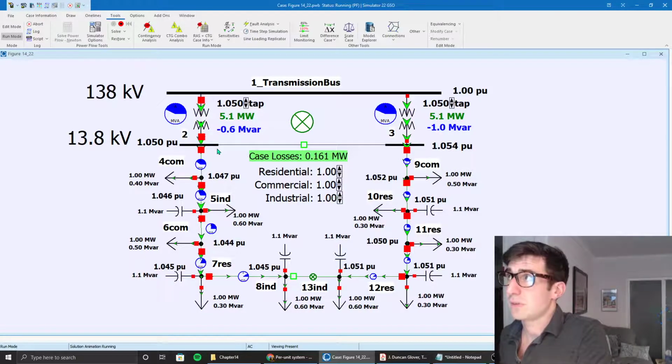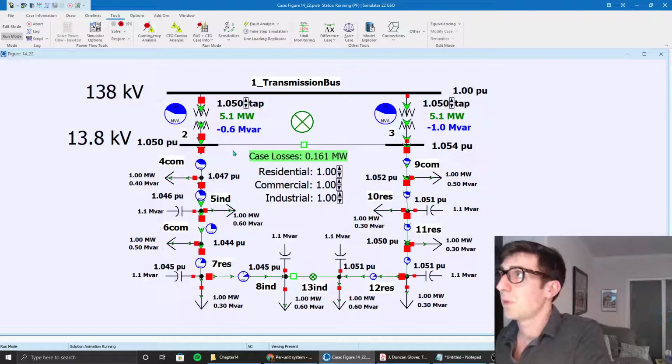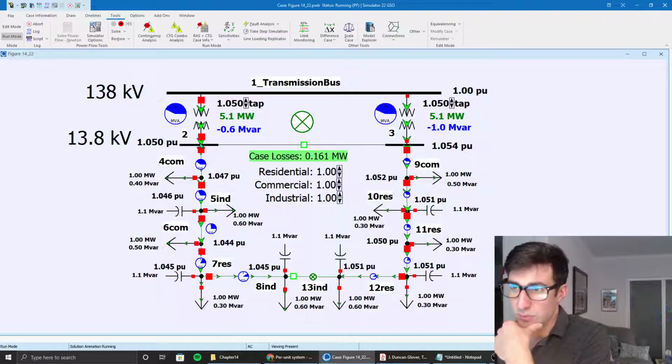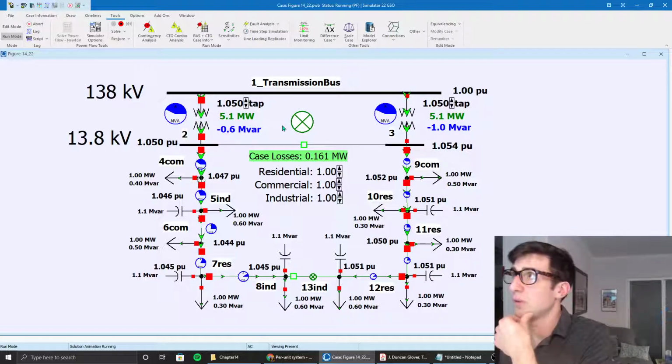Older distribution systems are within the 5 kilovolt class. Some are around 4 kilovolts for the older systems, but we're using more electricity now, and the population is more dense and there's more of a demand. So 13.8 kilovolts runs out through the system. These pie charts give you an idea of the current that is being drawn, as well as the megavolt amps, which is your total power.